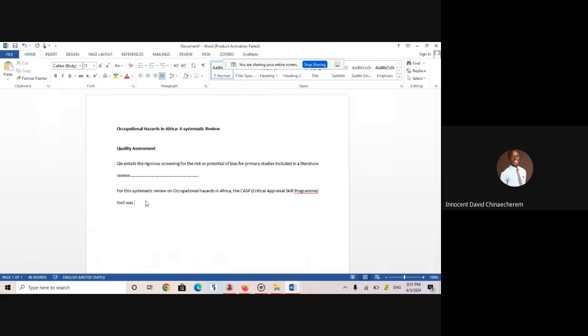Depending on the nature, if it's past your proposal, past your protocol for registration on PROSPERO, and now you're writing the manuscript, what you need to write is that the tool was used for performing the quality assessment, or was used for ascertaining the risk of bias of the included studies.